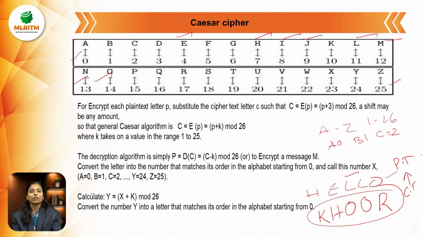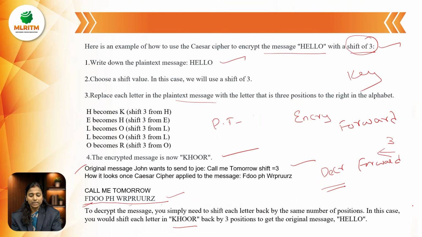Converting plain text to cipher text is called the encryption technique, and converting cipher text to plain text is the decryption process. This is the Caesar cipher. Thank you.